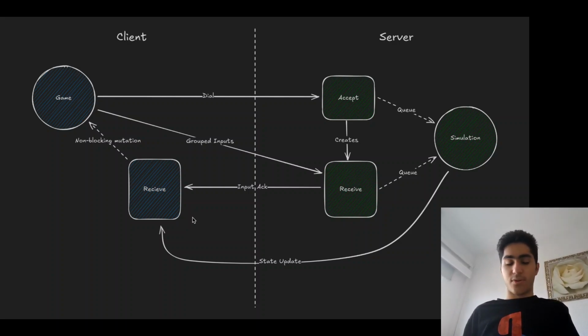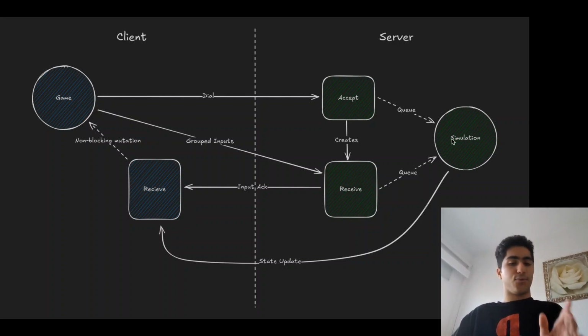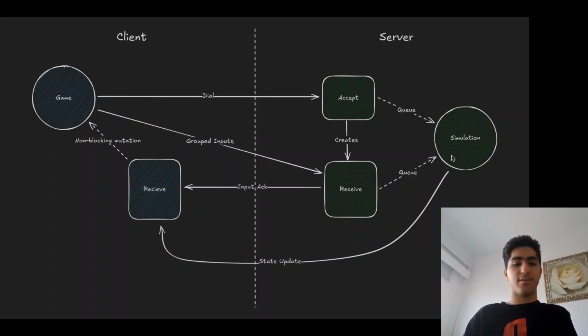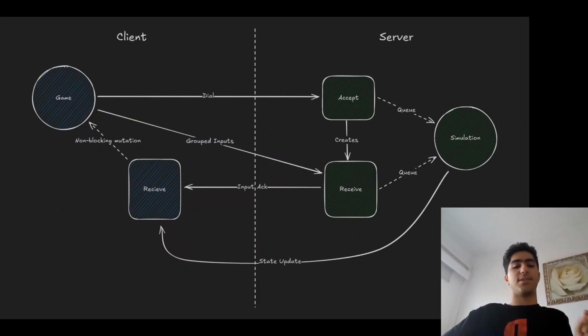And the last workflow we have remaining is after the simulation has picked up all the inputs from all the clients, and then it processes it, updates its internal state so that it has all the game logic checked, all the collisions checked, all the movements done, everything is cool now, except that it wants to send back the state updates to all the clients.